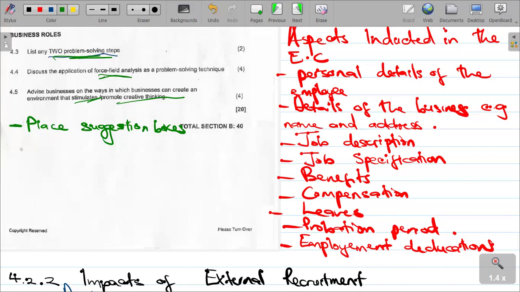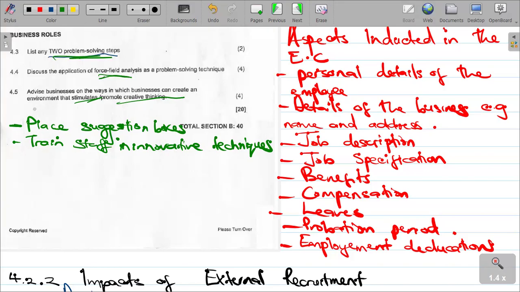You need to train staff in innovative techniques. The organization is to train staff members in innovative techniques.